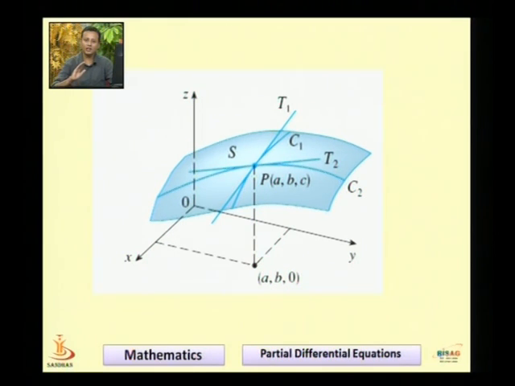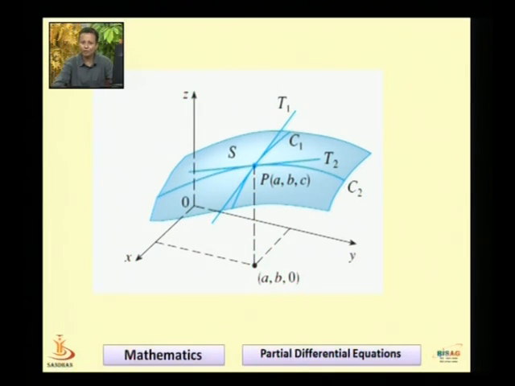Because we consider the curve that is the intersection of the plane y equal to b, that is y equal to constant. Here we are checking the partial derivative at the point a, b, c, where the y coordinate is b. So we consider the intersection of the surface with the plane y equal to b.